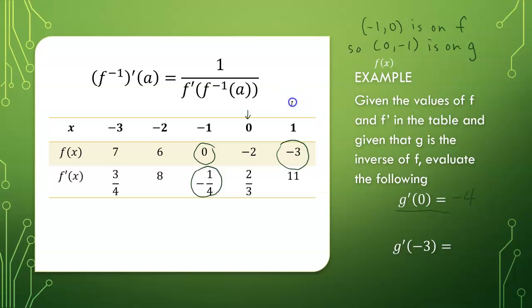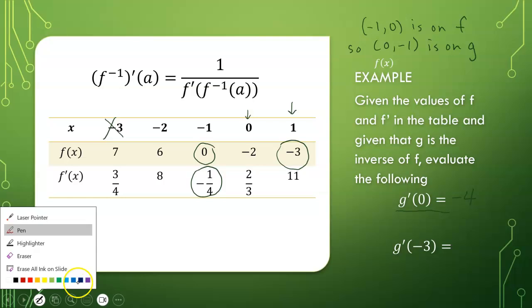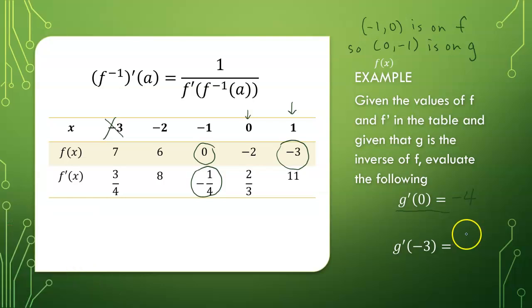So I'm going to look at this column of my table. I'm not looking here because that would not be an x coordinate on the function. It's the x coordinate on the inverse, so it's the y coordinate on the function. And so at -3, my slope is going to be 1/11.